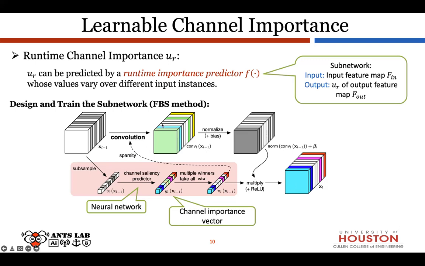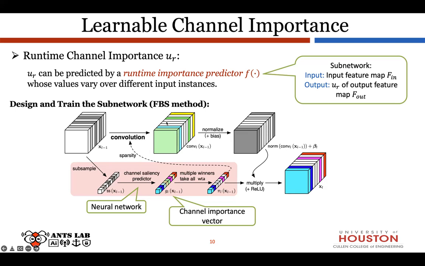For example, if we prune some channels and get a worse result, the importance of this channel will be set higher.